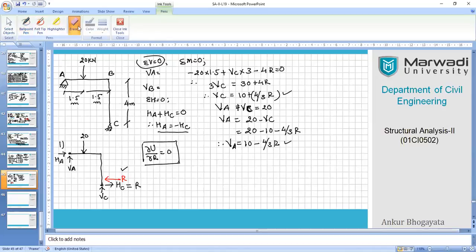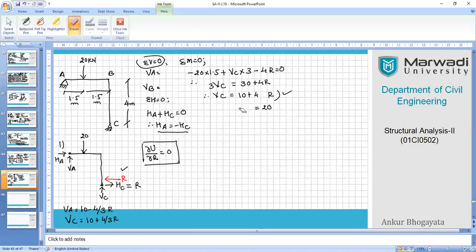Here I will write VA becomes 10 minus 4 upon 3 R, and VC becomes 10 plus 4 upon 3 times R. Now since you have understood how we have reached these reactions, I'll be removing it so that we can create some space on the same page for a better and quicker relationship of the equations and calculations, and the given problem.